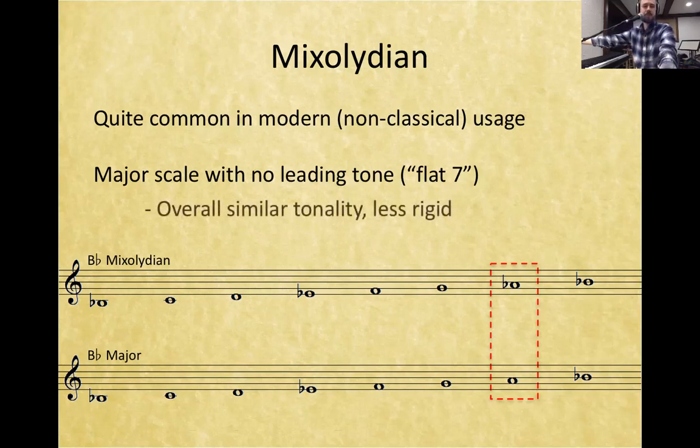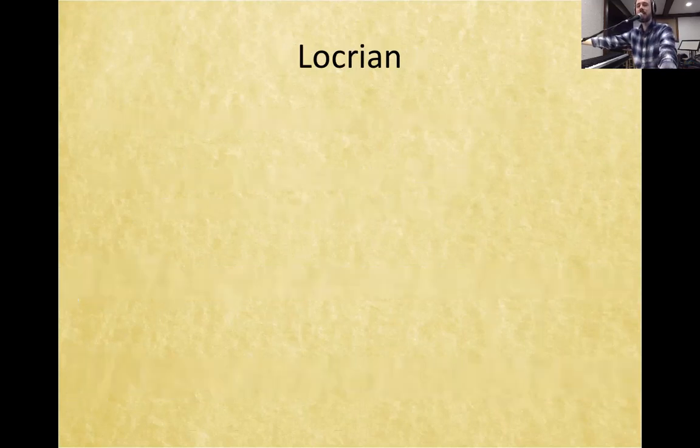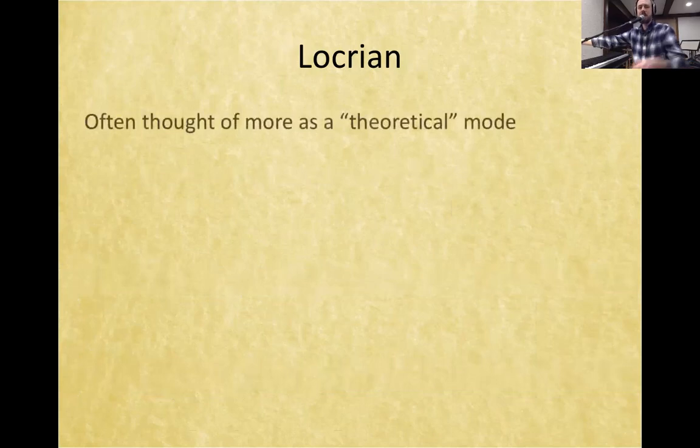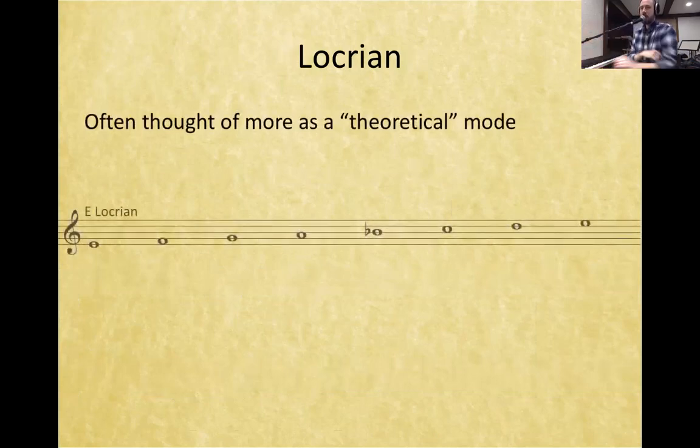All right, let's look at one last mode here, which is the Locrian mode. Oh, Locrian. Now, you may not be super familiar with Locrian, and I'm about to show you why. So we often think about Locrian as kind of a theoretical mode. Doesn't get super widely used. So here's E Locrian.